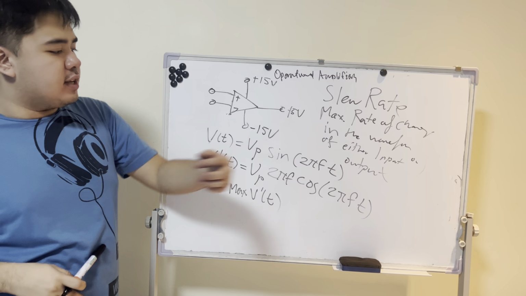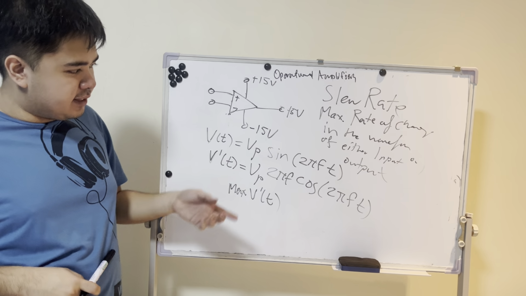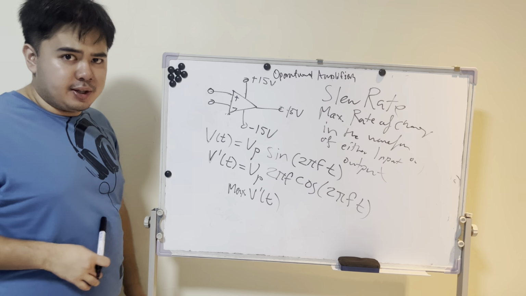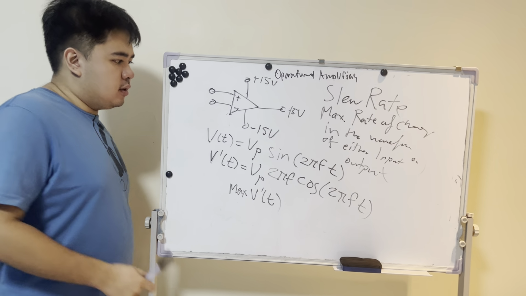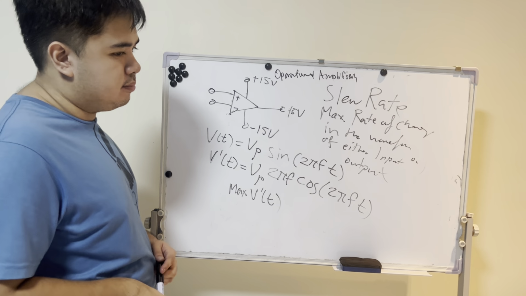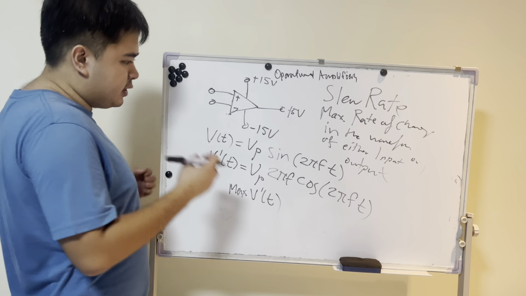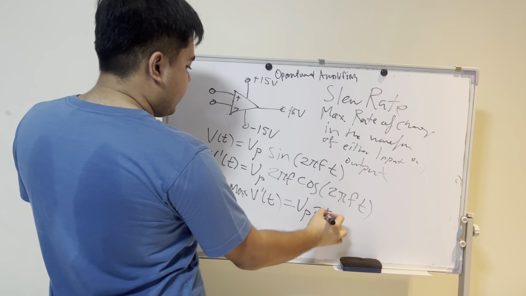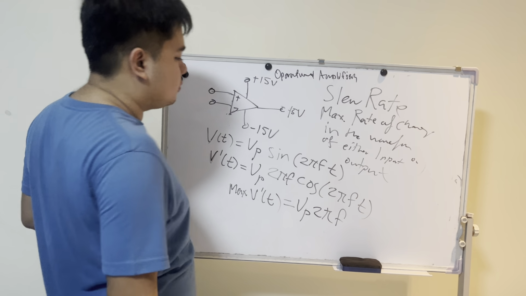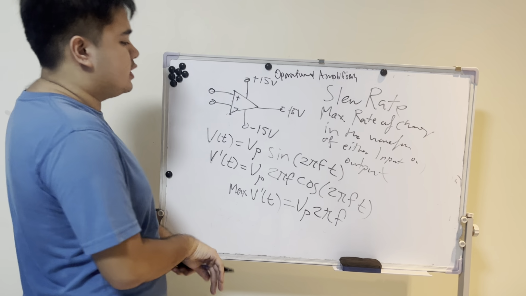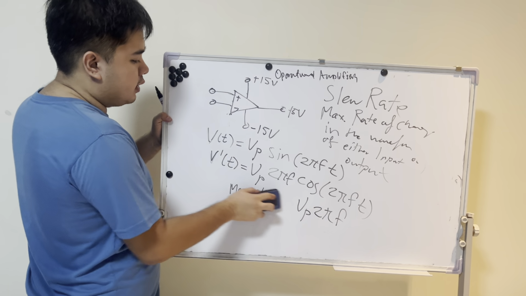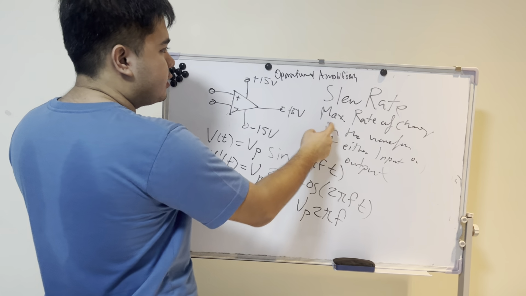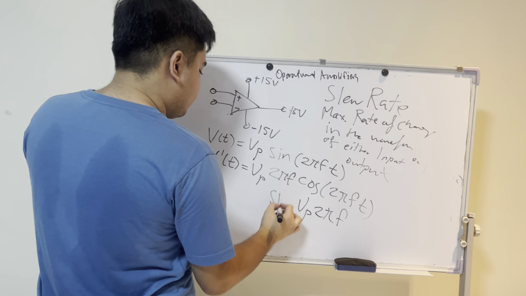The cosine of 2 pi f t, since it has t, is the only part dependent on the independent variable t. When is cosine maximum? It's at 1. So this is Vp times 2 pi f. That's the maximum V prime of t, and since the maximum V prime of t is the slew rate, this is now the slew rate.